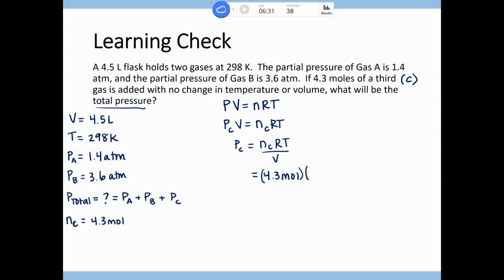So now we're just plugging in values. 4.3 moles of gas C, R 0.0821 liters times atmosphere divided by mole times Kelvin. Temperature 298 Kelvin divided by volume 4.5 liters.